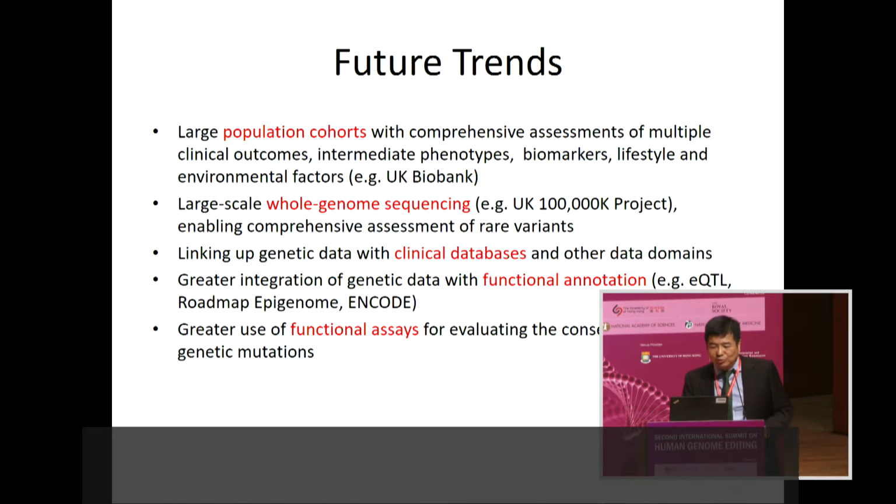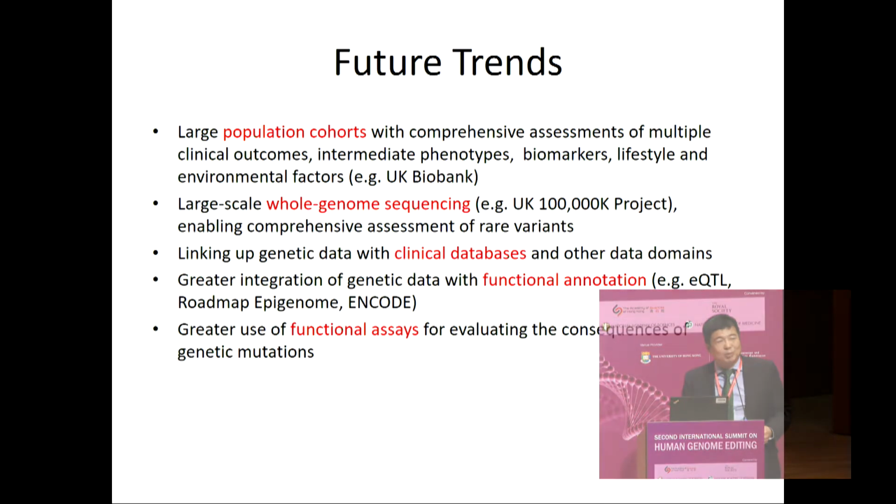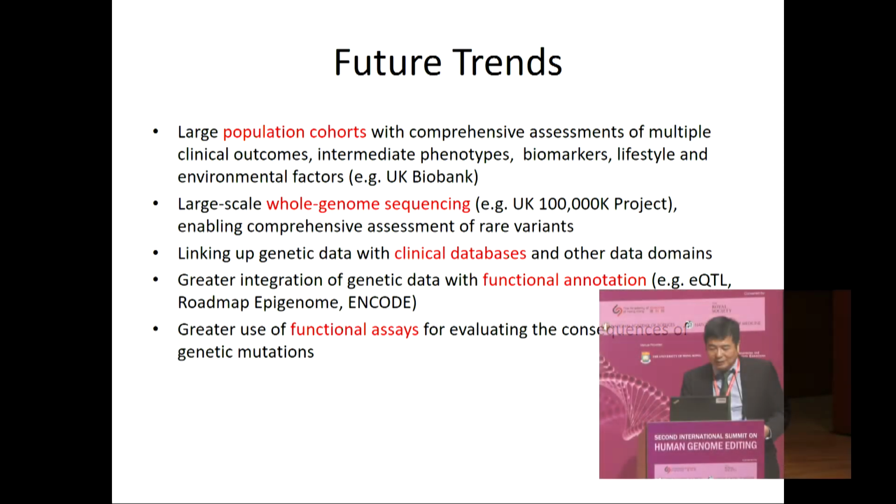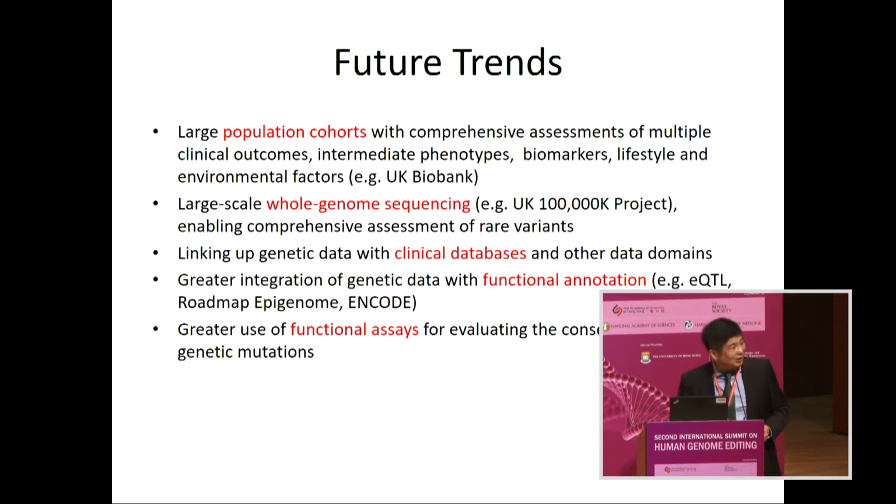I think whole genome sequencing is going to become more popularly used, probably replacing SNP genotyping eventually in a few years' time, and linking up with other data domains, such as clinical data, will be very powerful. There will be increasing integration with genome functional annotations, such as ENCODE, epigenome roadmap, and so on, and probably greater use of genome functional assays to evaluate the consequences of genetic mutations.